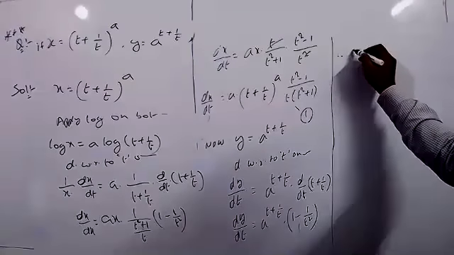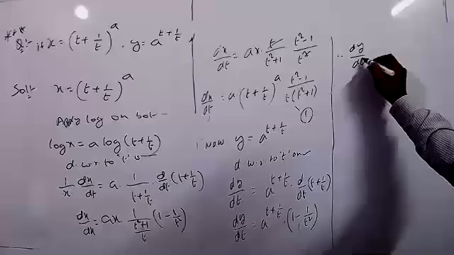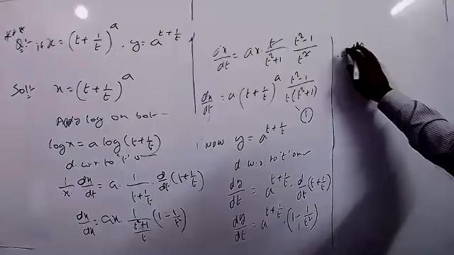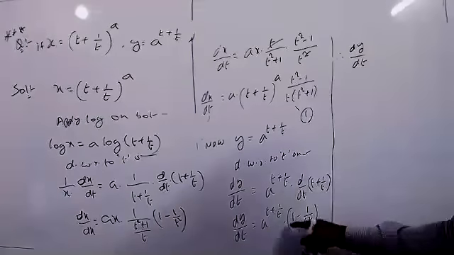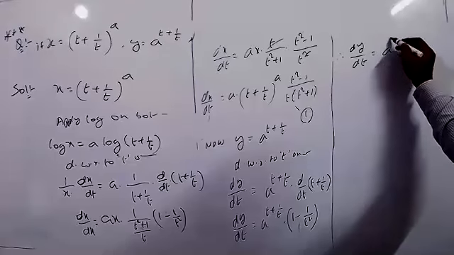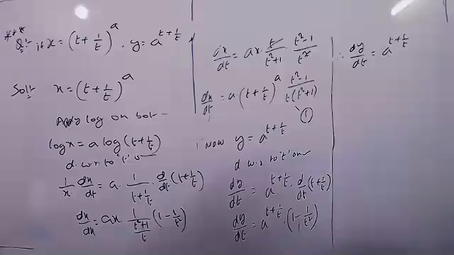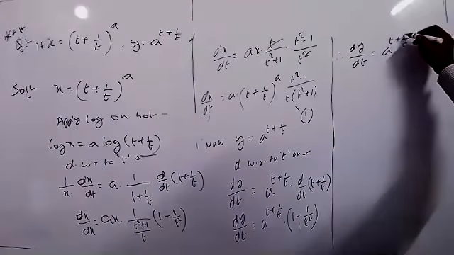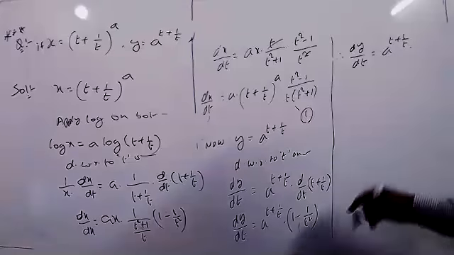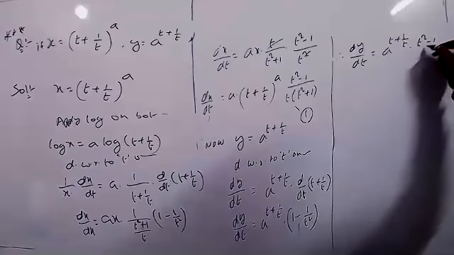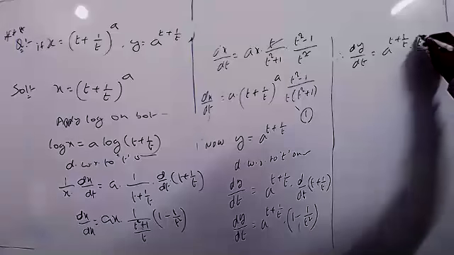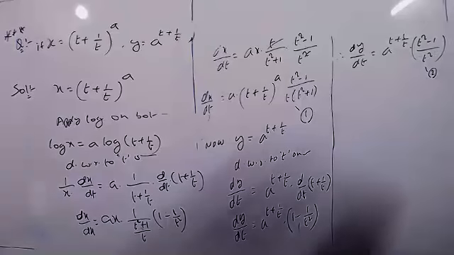So therefore dy by dt equal to a power t plus 1 by t into, we have taken the LCM, t square minus 1 by t square. This is equation number 2 you can take.